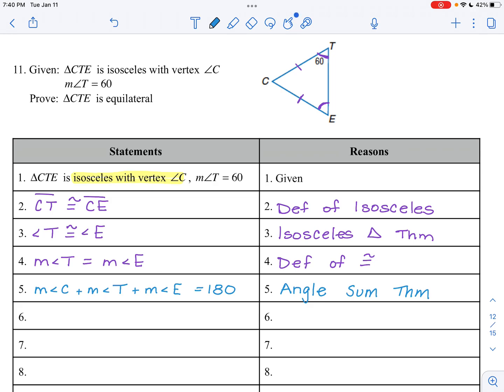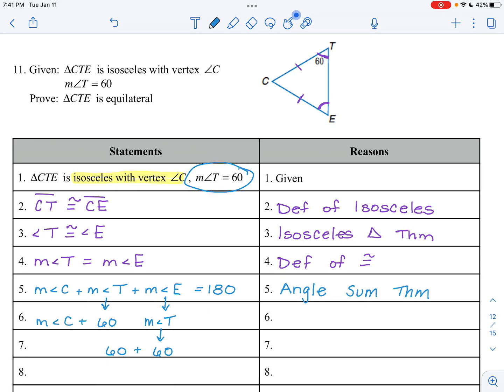Once I create that equation, I'm then going to substitute some of the different measures. For example, I know from the given that angle T measures 60 degrees, so I'm going to plug that in. I also know that angle T and E are equal from step number 4, so I can change this to angle T as well. Using substitution another time would allow me to say that this angle T is also, of course, 60 degrees.